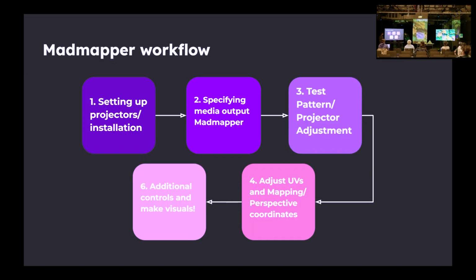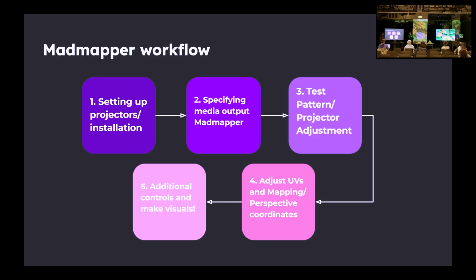We're going to get into MadMapper in a second, but this is just the overall workflow. You're first going to want to set up your projector, specify what media output, so attach your HDMI and make sure the viewports are all set up, which we're going to walk you through in a second. Once you finish step 2, you can test your pattern in MadMapper.